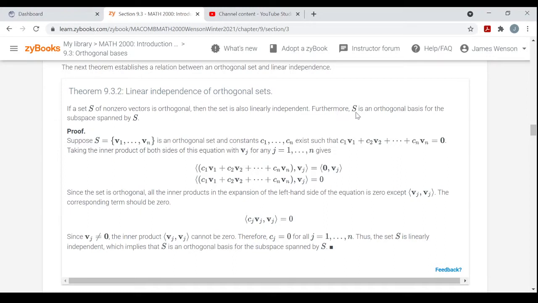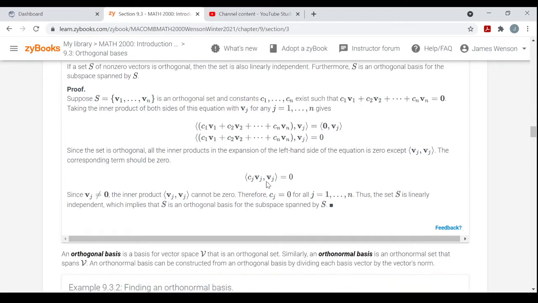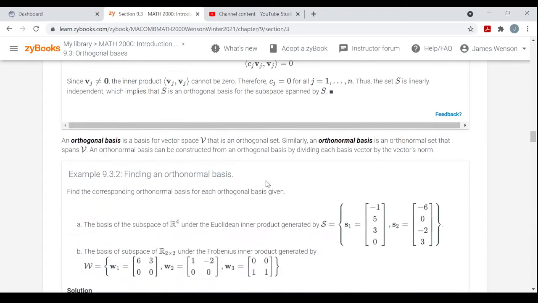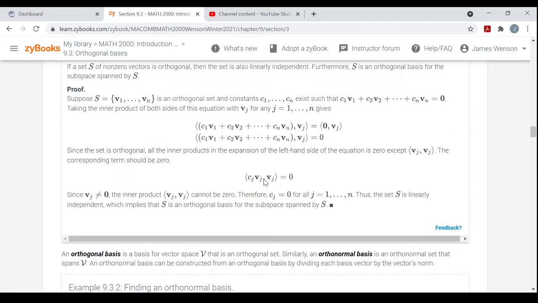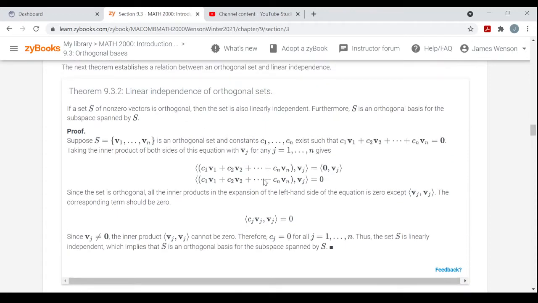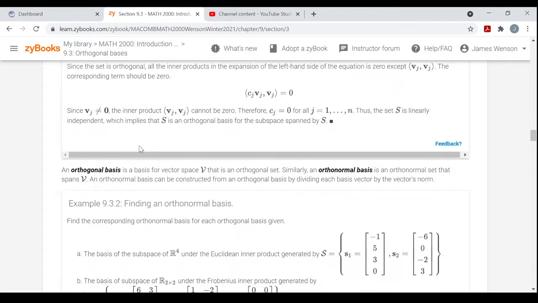Furthermore, that set S would be called an orthogonal basis for the subspace spanned by S. And you can read through the proof here. I'm not going to go over the proof with you. Just understand that orthogonal sets are very nice. Orthogonal sets of non-zero vectors, of course.